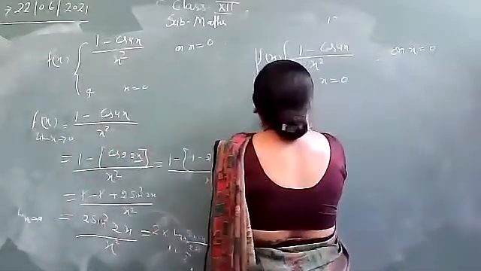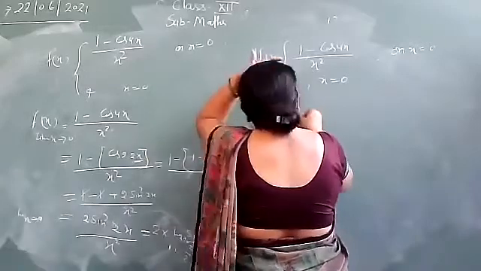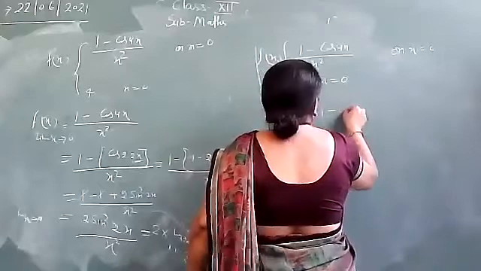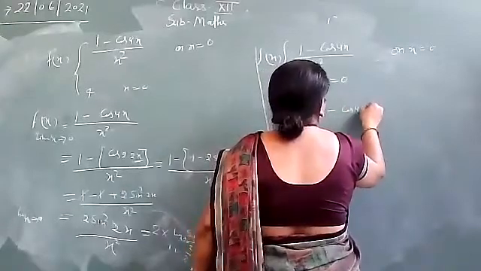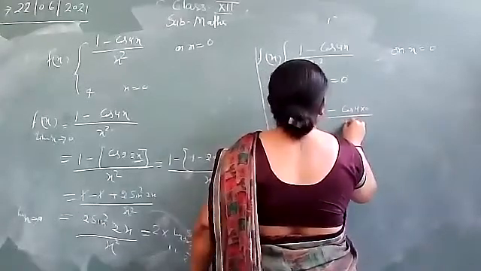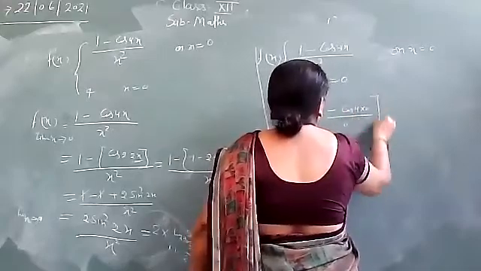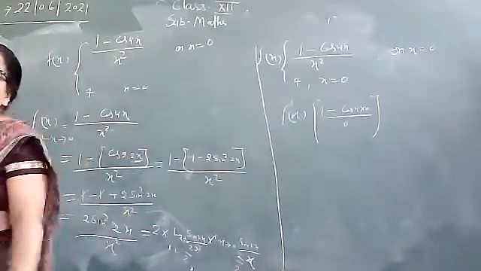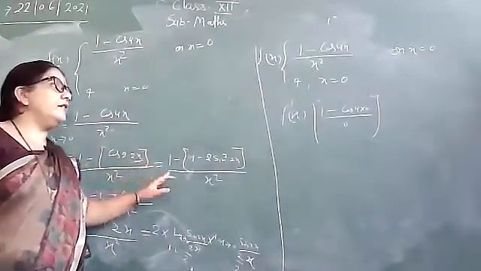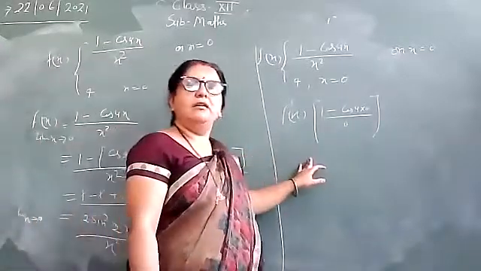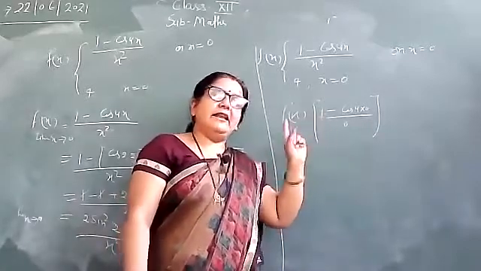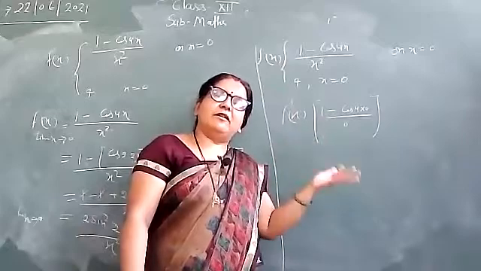Now we find the function f(x), 1 minus cos 4x upon x square. When you solve this question, you see the limit and the function value are not equal. I already told you, if LHL equal RHL, then we find out the function.